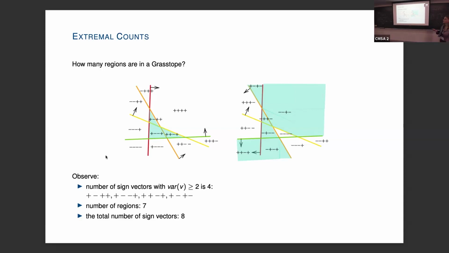And so we know that we can get different numbers of regions. So in the amplituhedron, it's a constant number of regions, but in general, we don't know. But we can get some naive bounds. So at least in this case, we can see that 3 or 4 are the only possible numbers of regions we can have, because the number of sign vectors with variation at least 2 is 4. The total number of regions is 7. And the total number of sign vectors is 8.